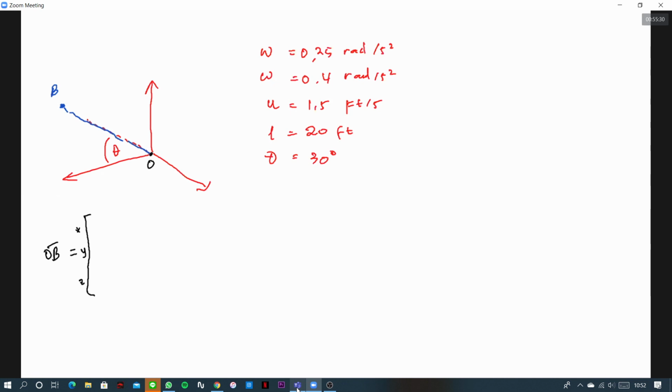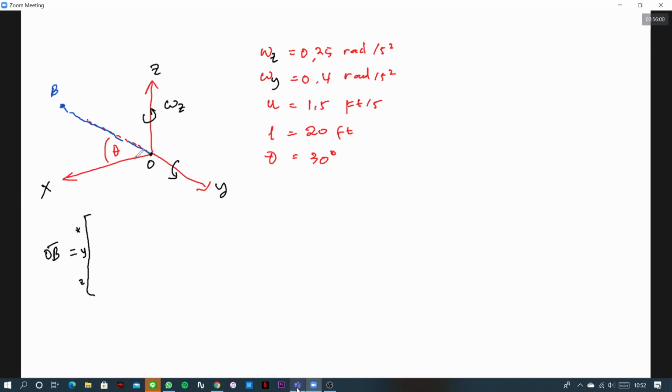This is the x-axis, this is the y-axis, and this is the z-axis. So omega 1 belongs to omega z. This is omega z, and this belongs to omega y.